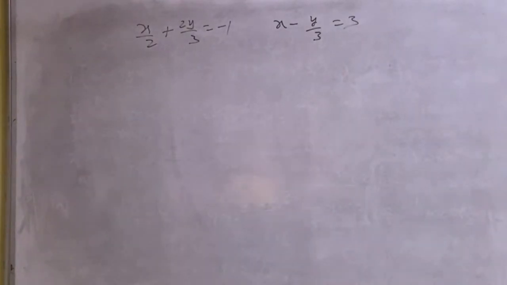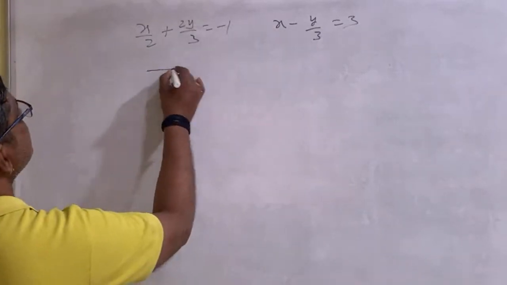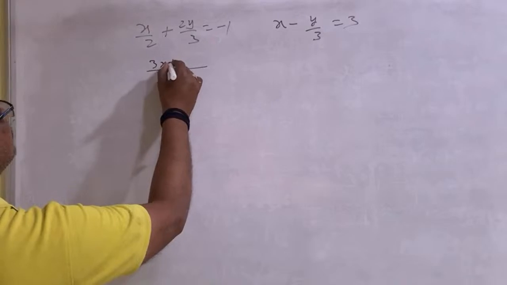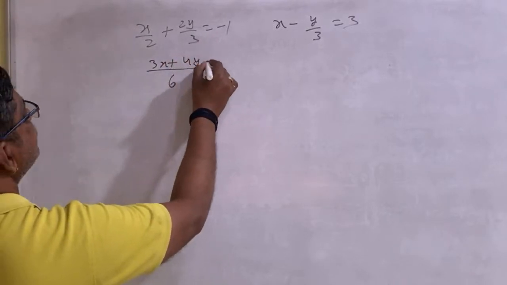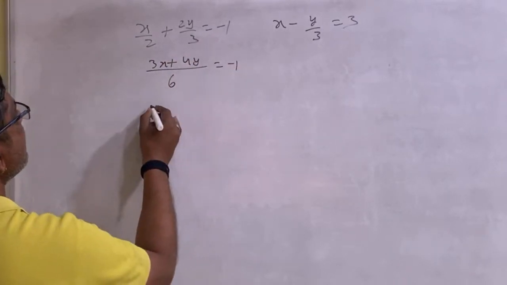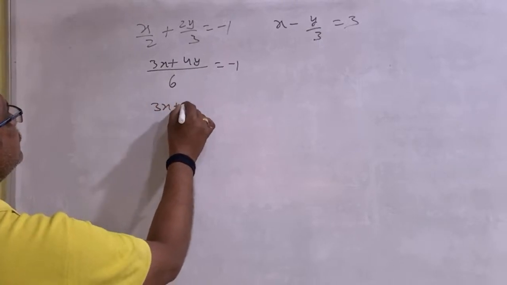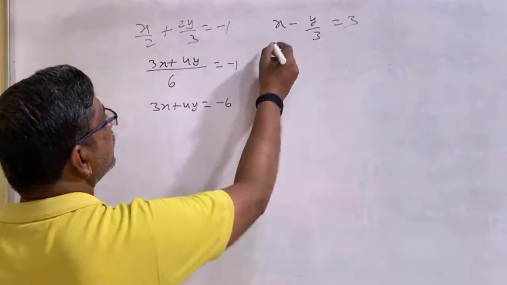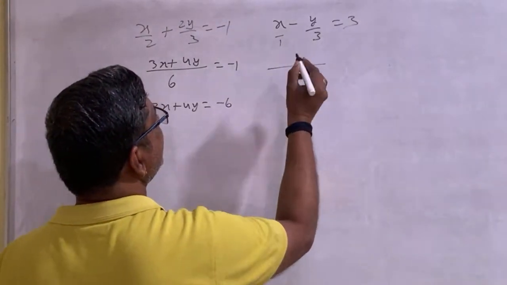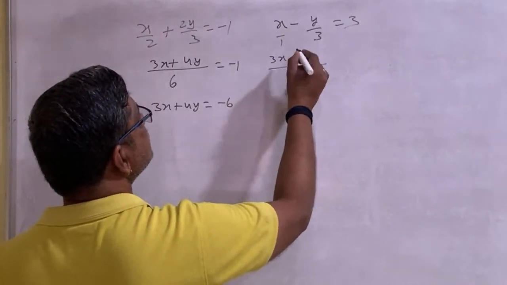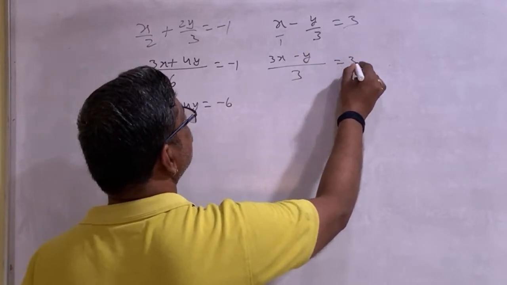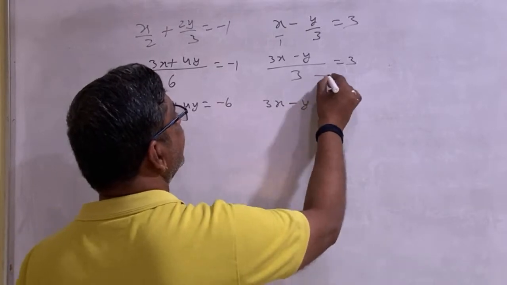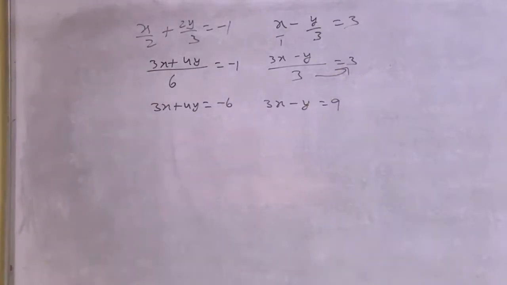Now here LCM is 6. So 3x + 4y = -6. And here, 3x - y = 9, when we multiply these two, it becomes 9.